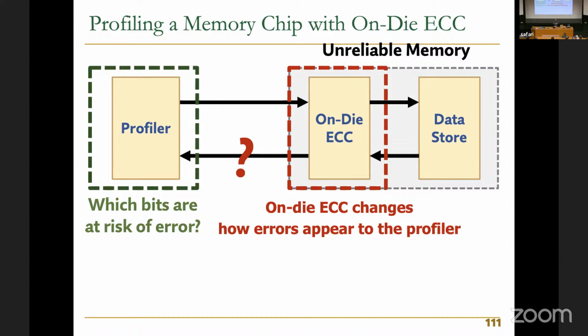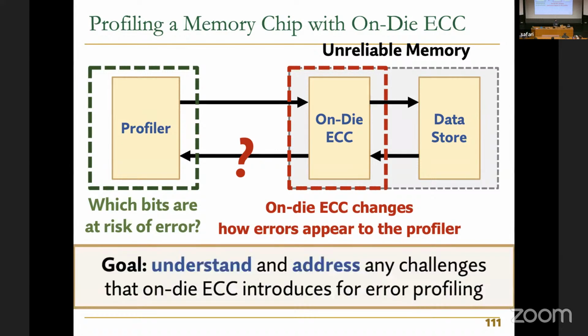Sometimes a bit flip happens in the data storage, but you do not see it because that bit flip is corrected by ECC. Sometimes there are a lot of bit flips that ECC cannot correct, but it gives you a different distribution of those bit flips while trying to correct those code words.